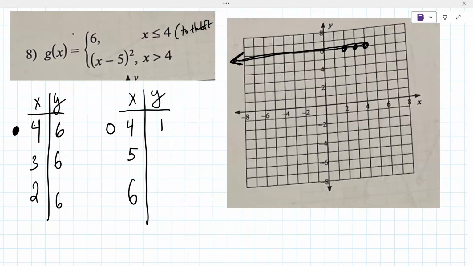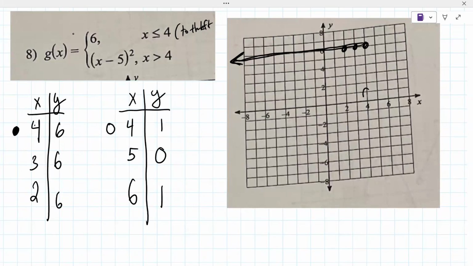Yep, for a 5 right there, that's going to be a 0. And for 6, that's just another 1, just like for 4.